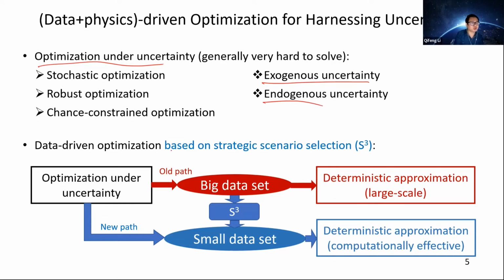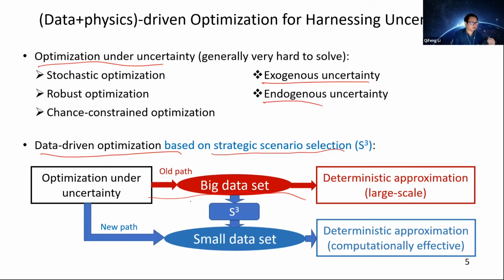Our contribution on the data-driven optimization is based on an existing path, which uses the historical measurement of the uncertain variables like the renewable generation to capture the uncertainty when we are solving optimization. And our contribution lies in the so-called scenario selection, the S-Cube.